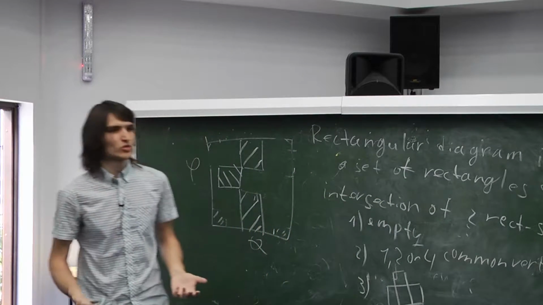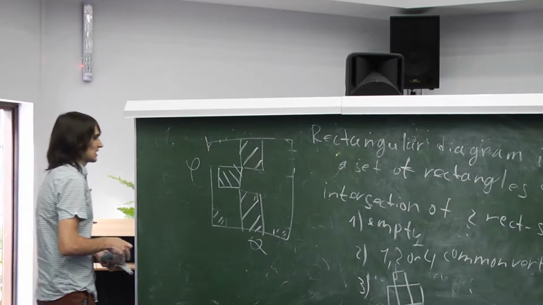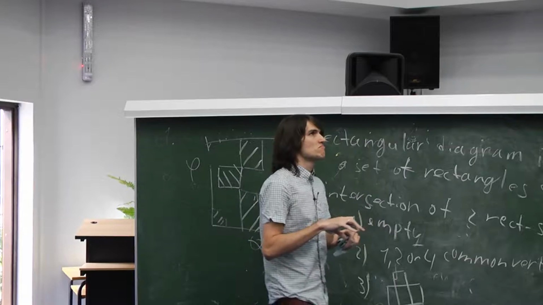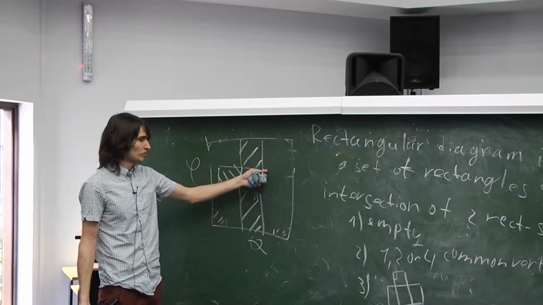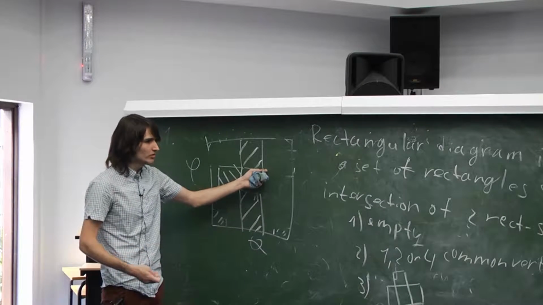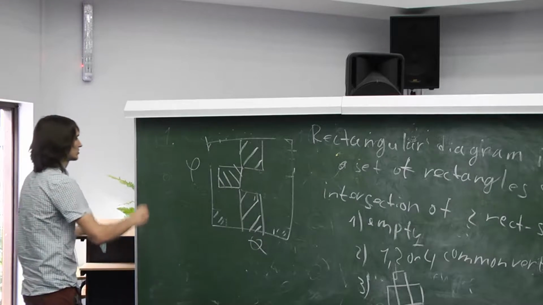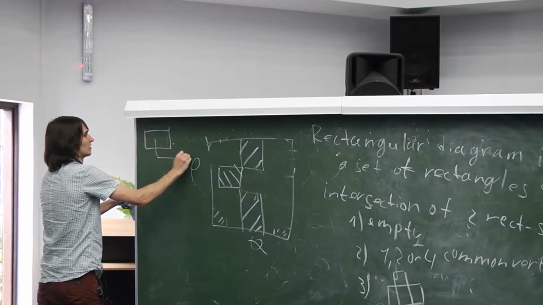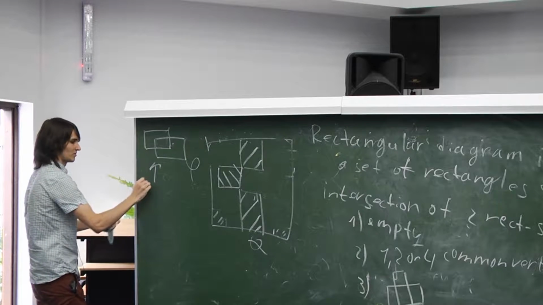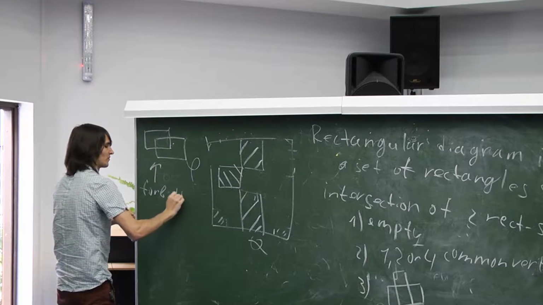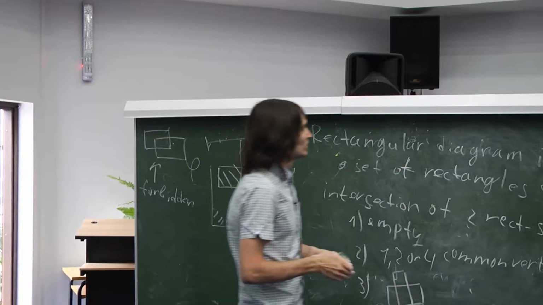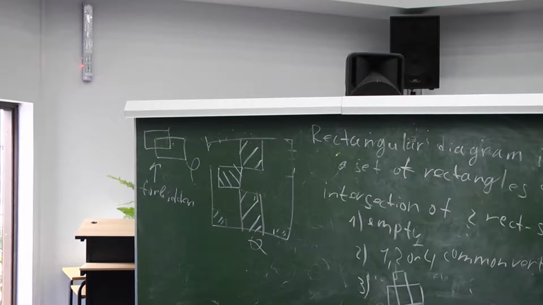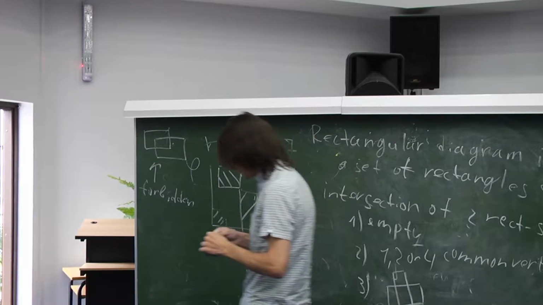Which situation is forbidden? Such a situation. If some vertex of a rectangle lies in the interior of another rectangle, this situation is forbidden. For example, this on the right is a rectangular diagram of a surface.